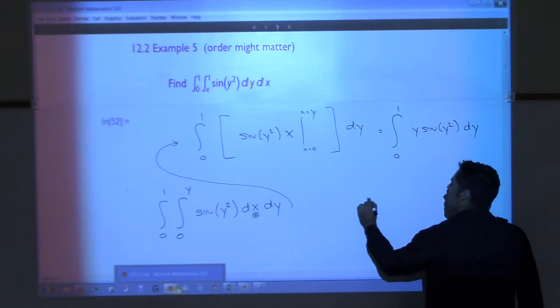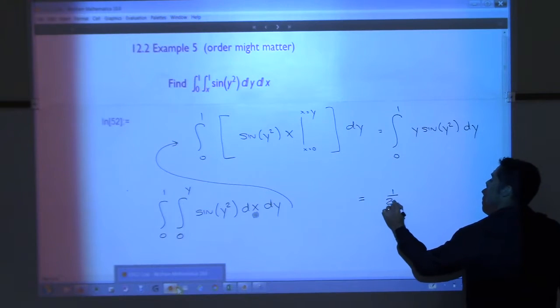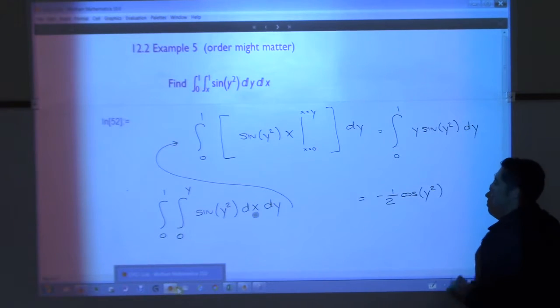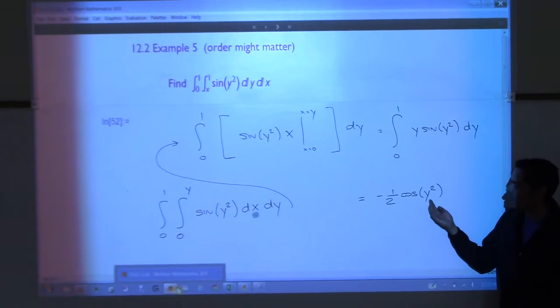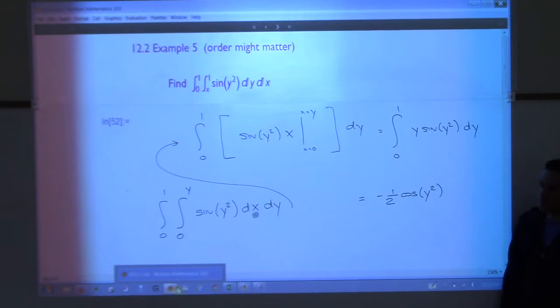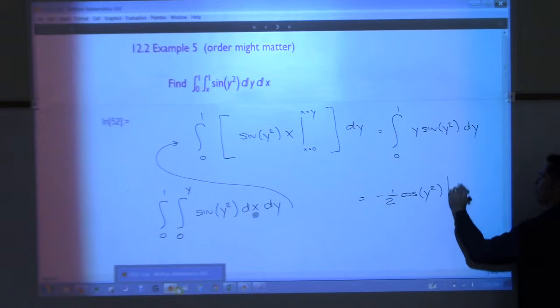So what would the antiderivative of that be? 1/2 negative cosine y squared. Let's just check it. Derivative of cosine of y squared would be negative sine of y squared times 2y, and that would cancel, and you'd get back this. Now I still have to evaluate from 0 to 1, right?